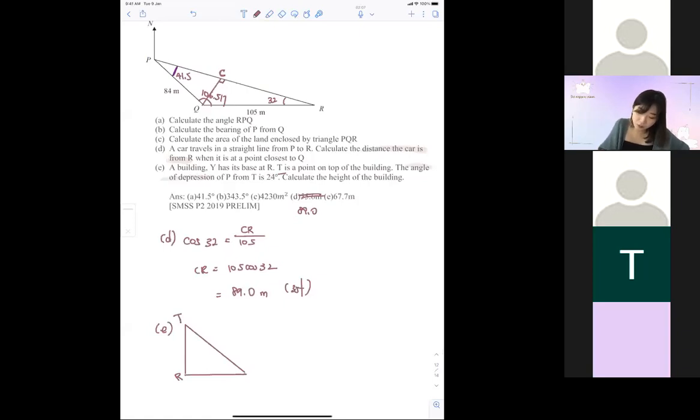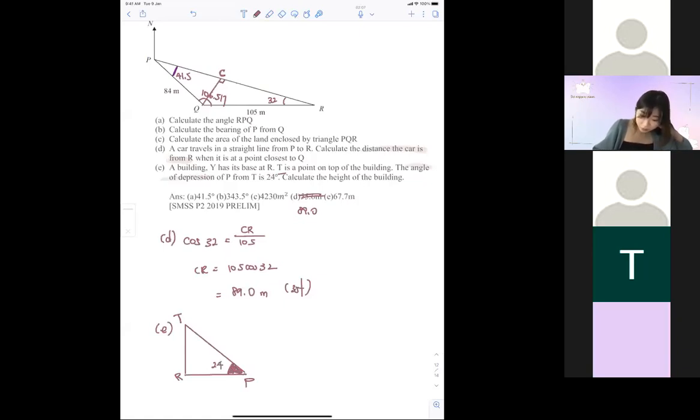So this is T. Okay. The angle of depression of P from T is 24. That means angle of depression or elevation is both here. So you can put here 24.